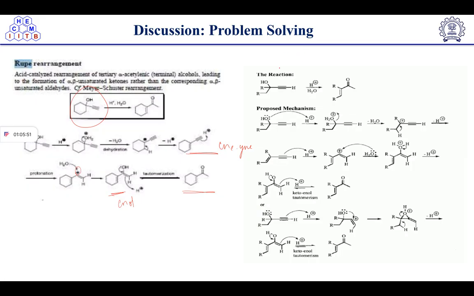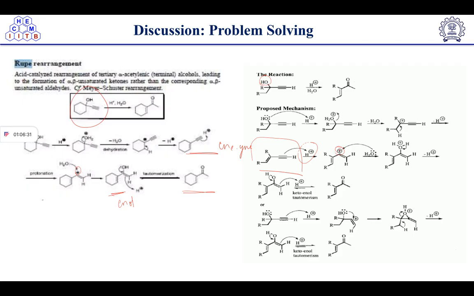Okay. So the mechanism is given here also. Whenever you have this type of acetylenic alcohol, you have to protonate the alcohol. After the protonation, it will become a good leaving group, and elimination will result in carbocation generation. Then deprotonation will form the double bond over here, and after getting this enyne intermediate, because acidic condition is there, it will again take the proton and form a carbocation at this position.